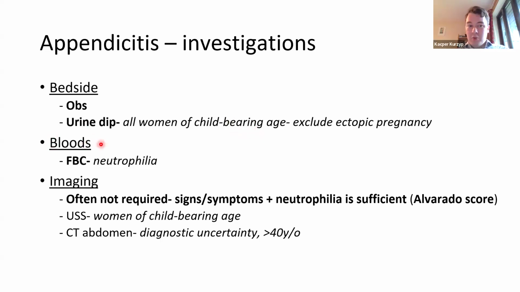Now on bloods, you can find in full blood count raised white cell count and raised neutrophil count, consistent with inflammation. Now imaging oftentimes is not required, as the examination with history and raised neutrophils based on the Alvarado score is sufficient to diagnose appendicitis.